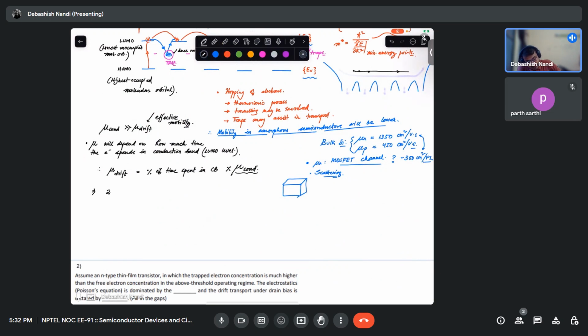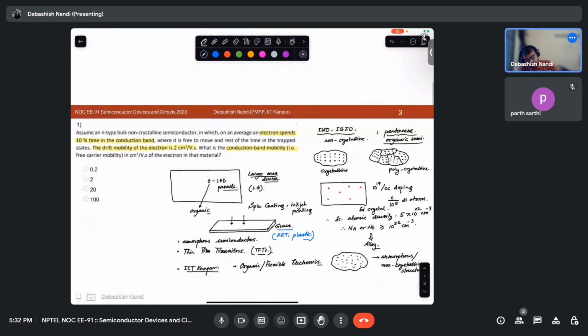Mu drift is given as 2 centimeter square per volt second. This is given as 10% times mu conduction. So what will be mu conduction? It will be 2 over 0.1, which is 20 centimeter square per volt second. So this will be your right answer.